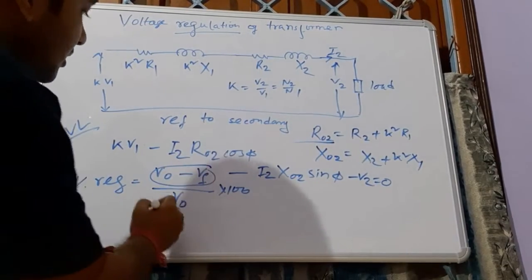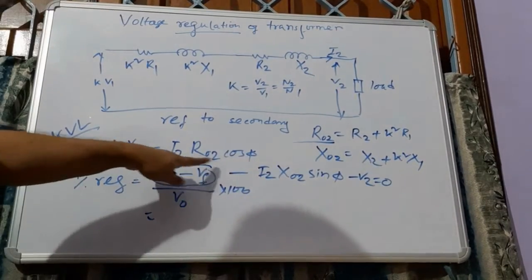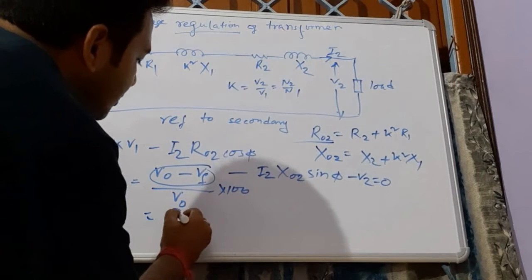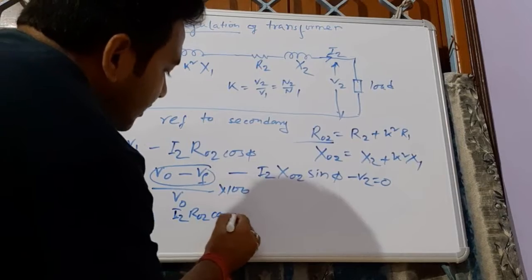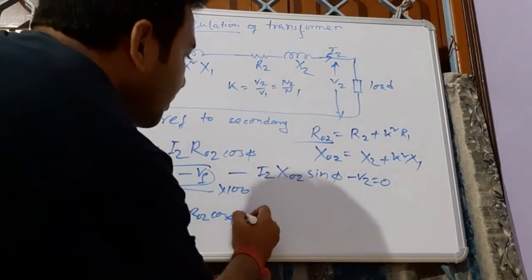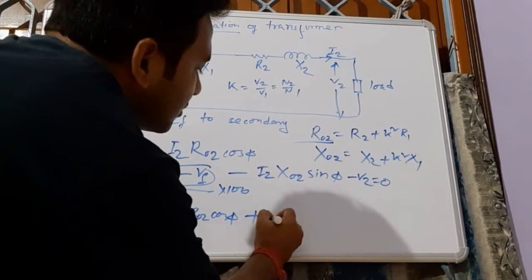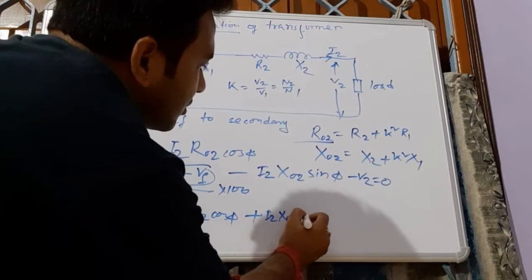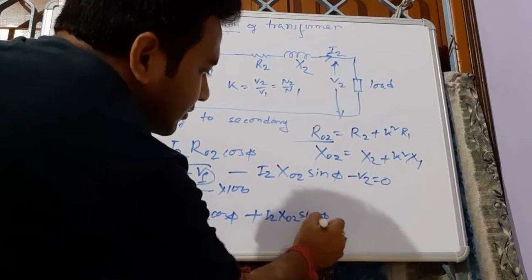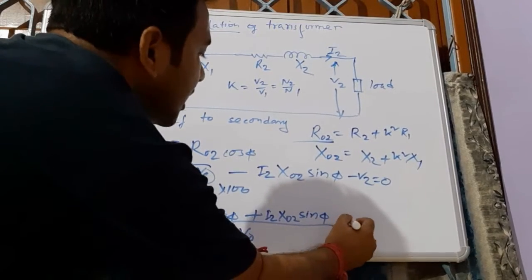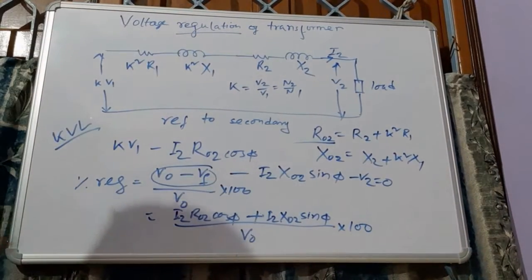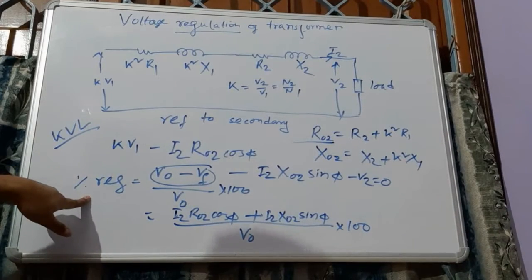This part will be I2 R02 cos phi plus I2 X02 sin phi divided by V0 into 100. So this is the formula of regulation, right?